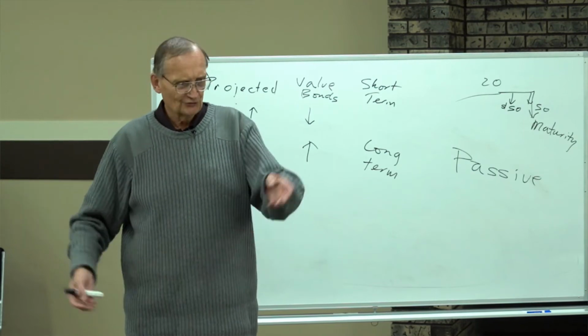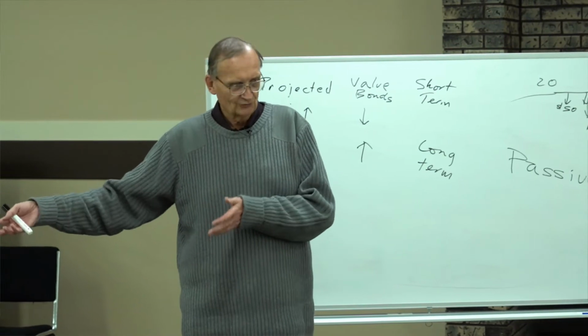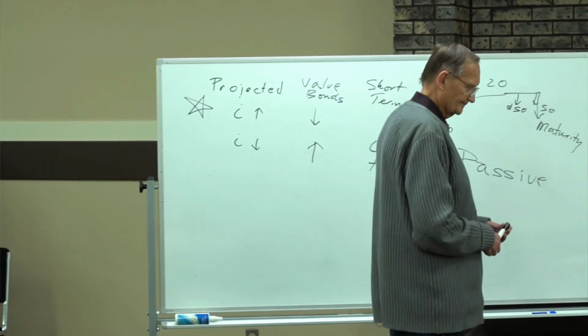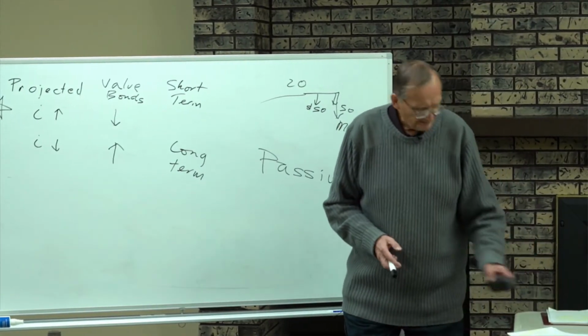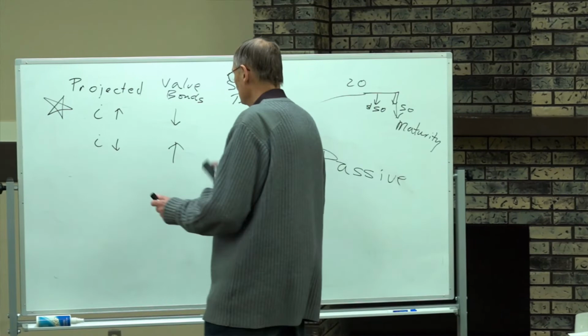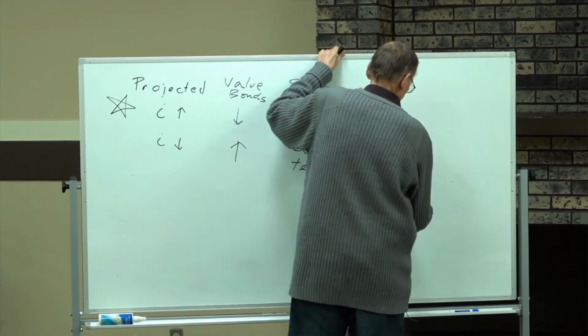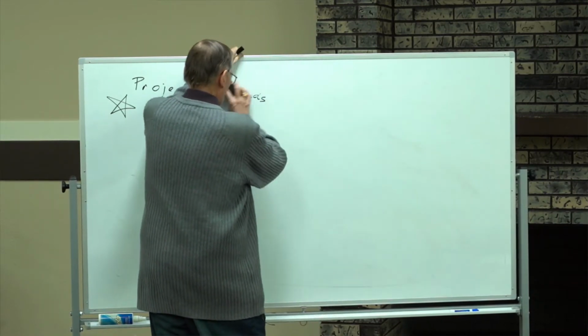It'll go up and down just like you said, and we'll just sit on it. We'll get the 20 years out of it. So that's the passive strategy. Next one, maturity matching strategy.